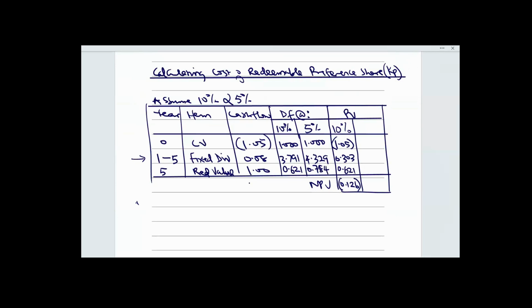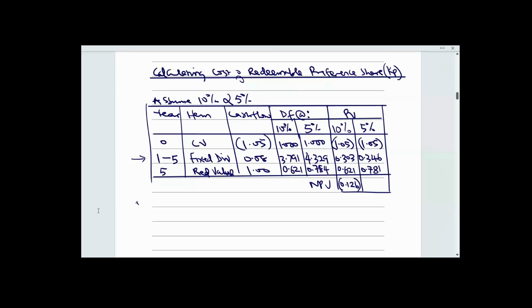So let's multiply. 1.05 multiplied by 1 will give us negative 1.05. This is at 5%. Then the next one, 4.329 multiplied by 0.08. What do you have? 0.346. Okay. Then the last one, 0.784 multiplied by 1 will give us 0.784.